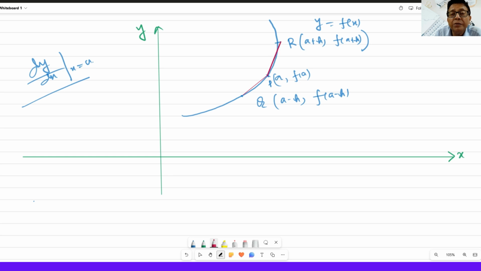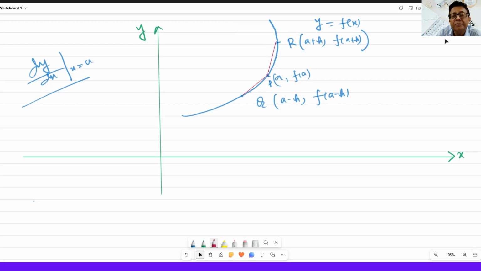Now, this chord, PQ or PR, whatever you say, if you do PQ and PR, those slopes are going to be different.